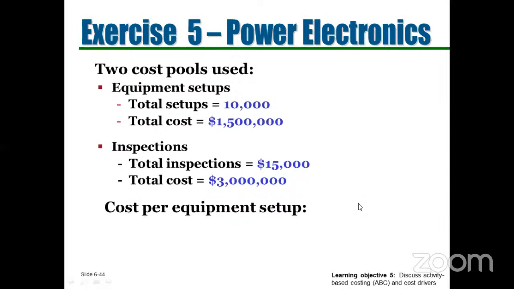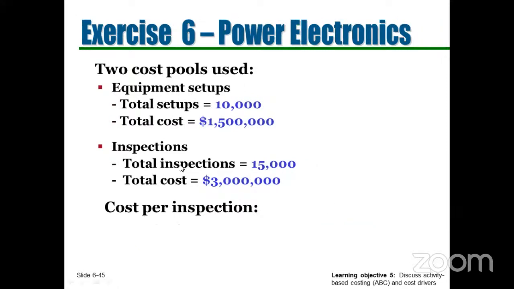You can see that setup is 10,000 times, inspection is 15,000 times. So the cost per setup: 1.5 million divided by 10,000, so it's 150 per setup.